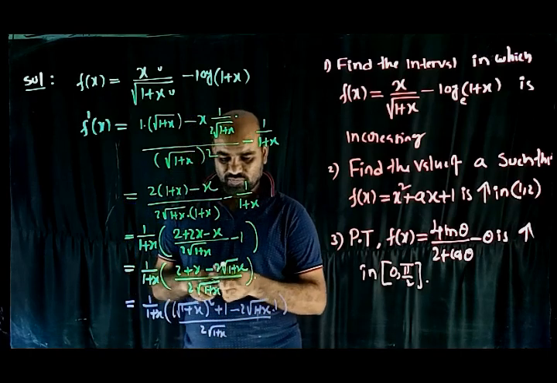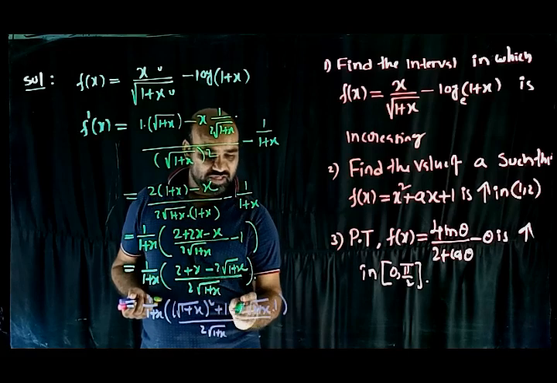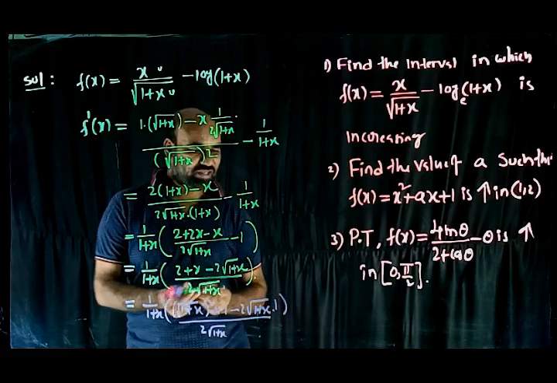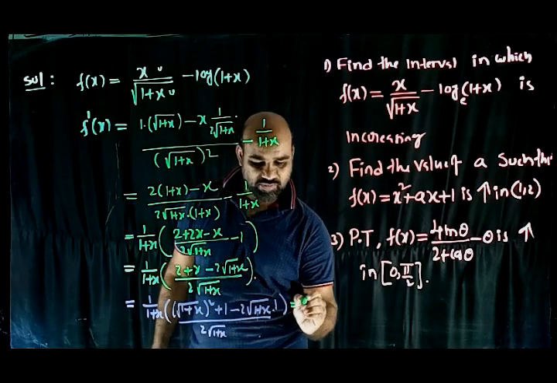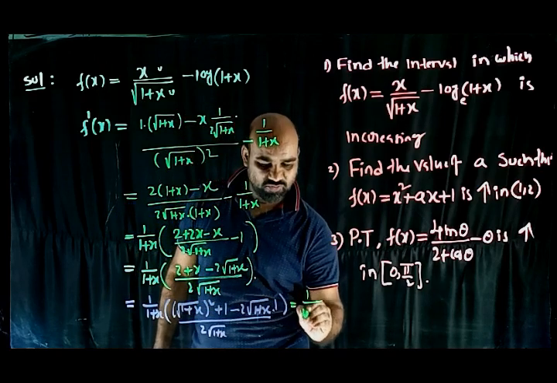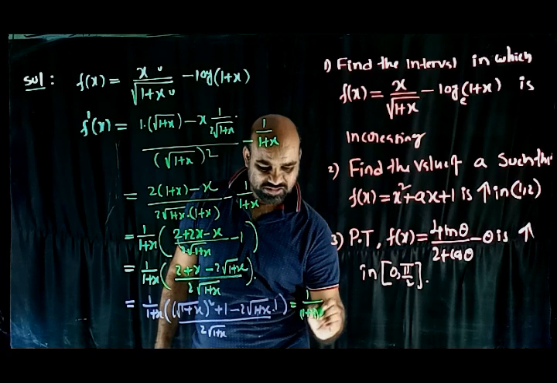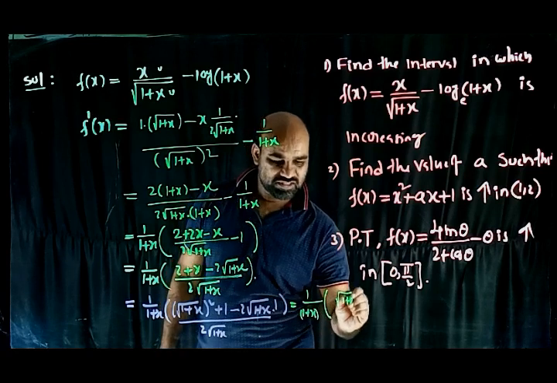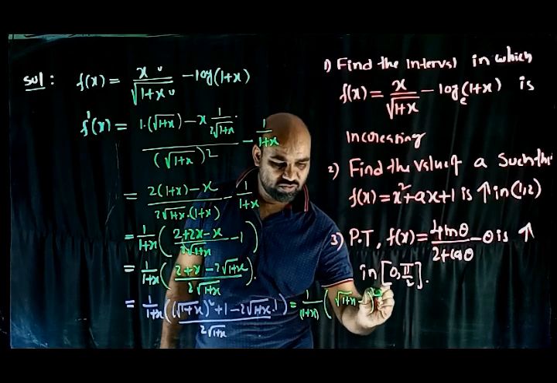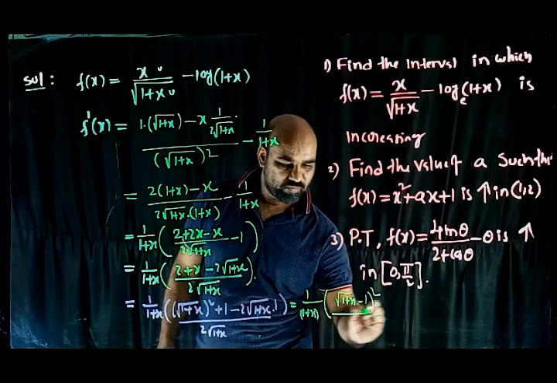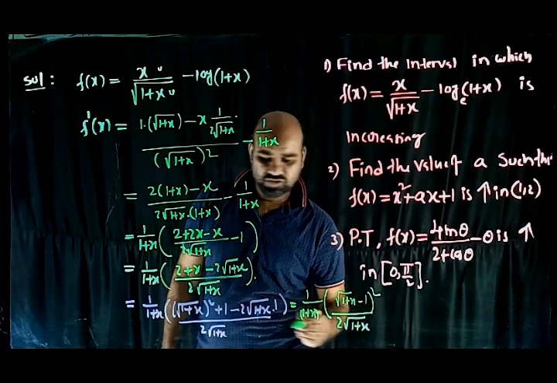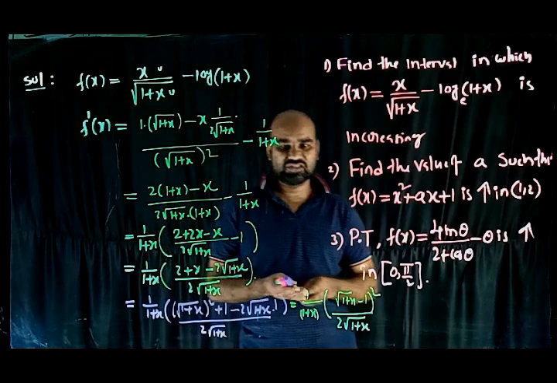Observe here, a square minus 2ab plus b square form means a minus b whole square. So this is the same as 1 by 1 plus x into root over 1 plus x minus 1 whole square by 2 into root over 1 plus x. So this is the first derivative of the given function.